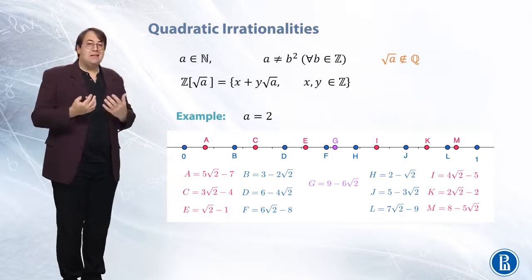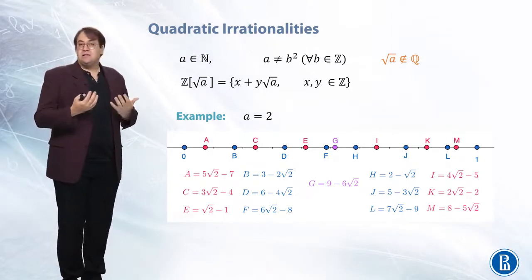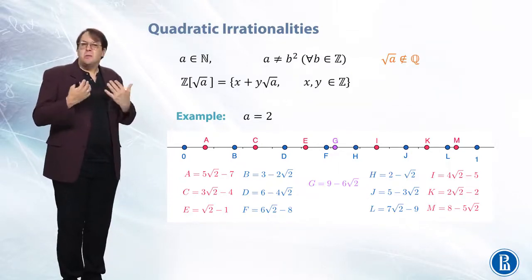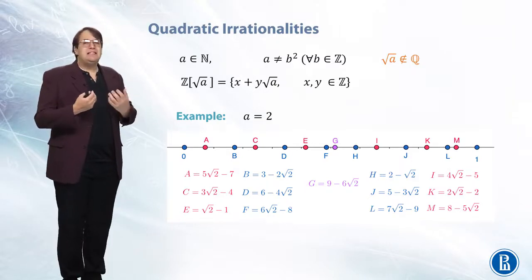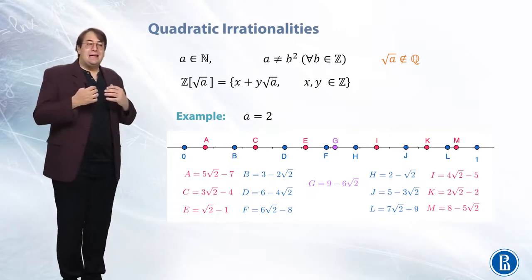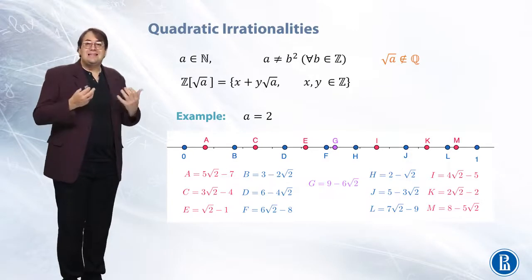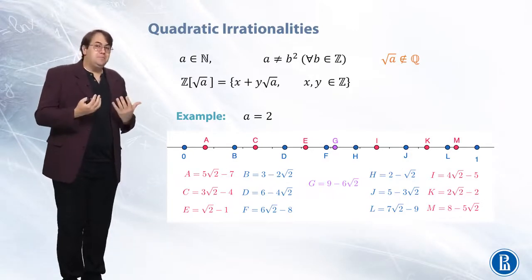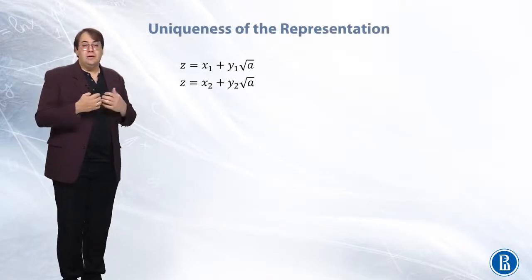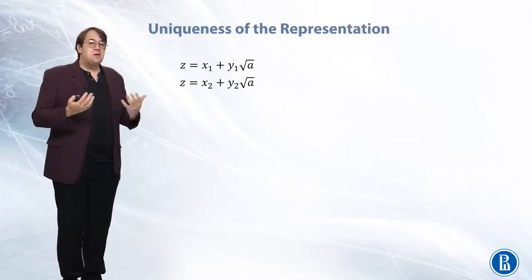However, while looking at this example, we might ask ourselves, is it possible that a certain real number can be represented in the form x plus y square root of a in several different ways? Well, is this representation unique? This leads us to the second part of our fragment, which is called the uniqueness of the representation.